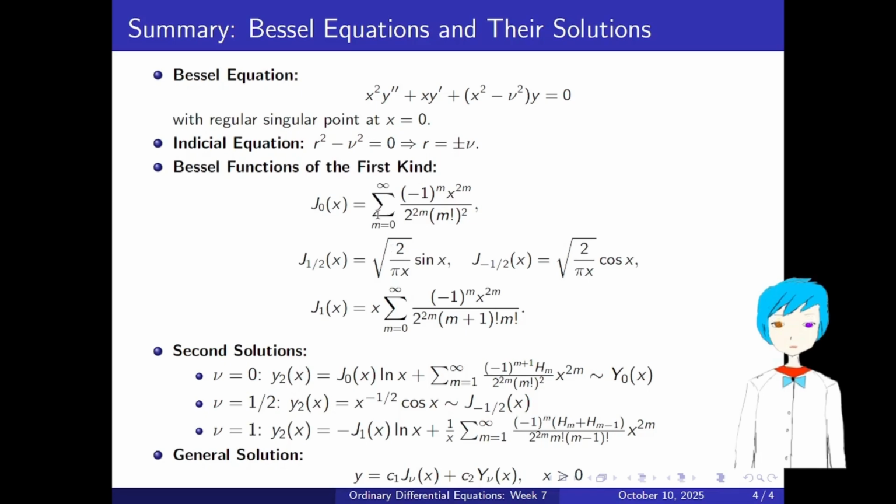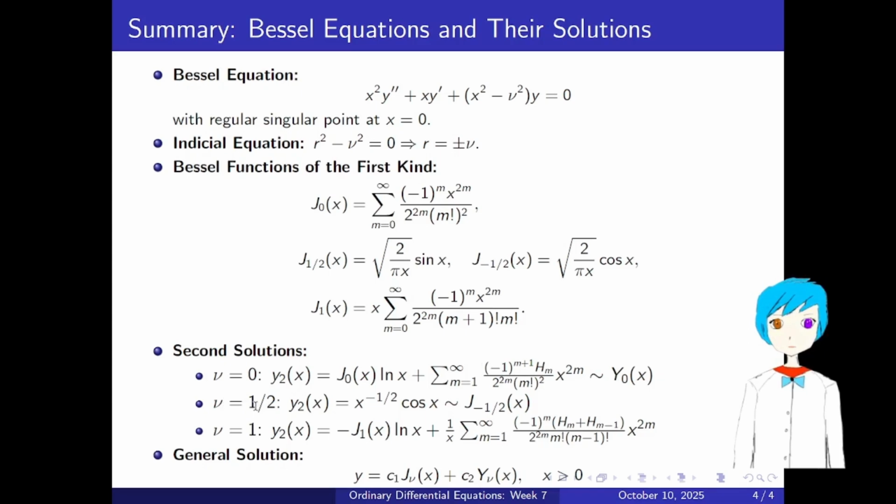In this case, we can get the Bessel's function of the first kind as a solution, and then the Bessel's function of the second kind. So H_m is defined as a summation from 1 to m of 1 over k. And with the first term, J0 ln x, this is a second solution which is proportional to the Bessel function of the second kind of order 0.